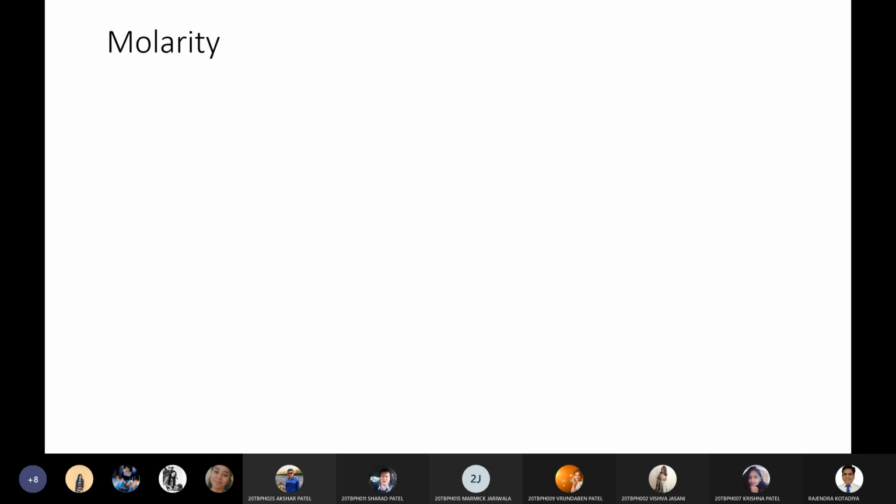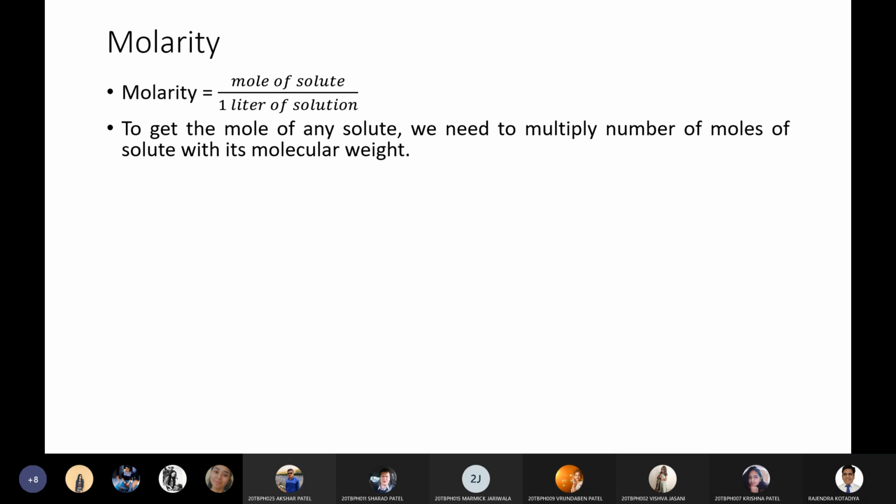Okay, so as we know, molarity is nothing but the moles of solute divided by 1 liter of solution. So to get the moles of solute, suppose you are told that you have to weigh 1 mole of solute.